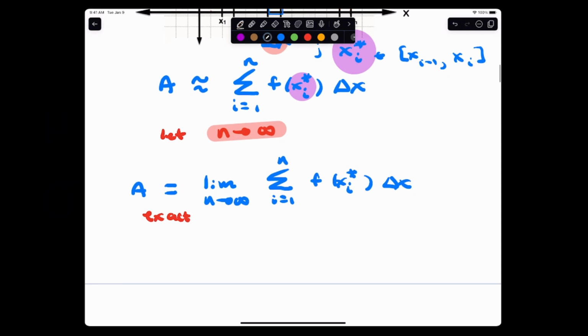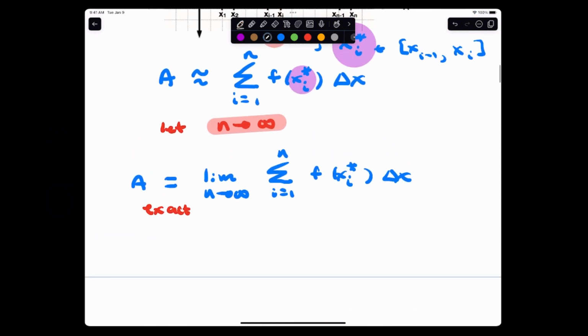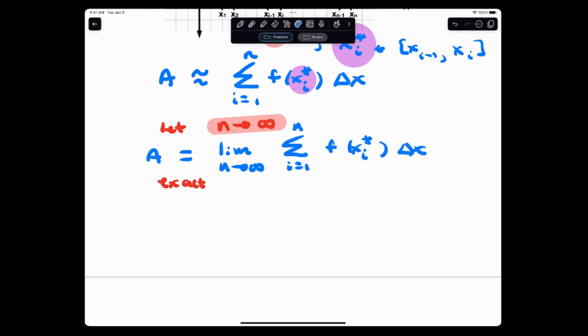Now, it gets better here. Okay? Let me move this up. All of this is a definition of what we call a definite integral.